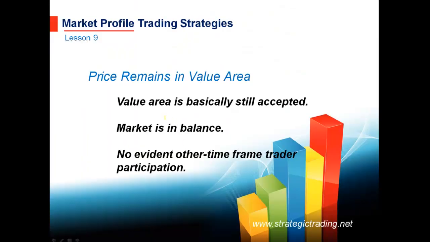When price remains in the value area and is basically still accepted for both days, the market is in balance. So don't expect any major directional moves. And again, there's no evident other time frame trader participation. This is the scenario where I open within the prior day's value area and there is acceptance. I see double prints start to occur within the value area.